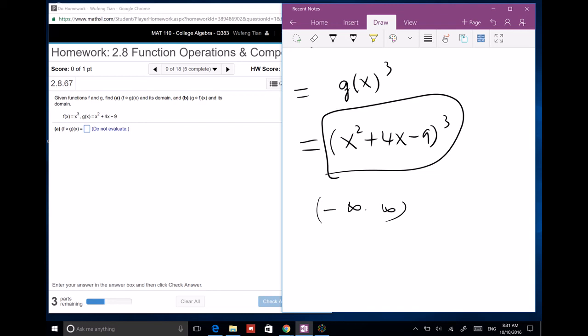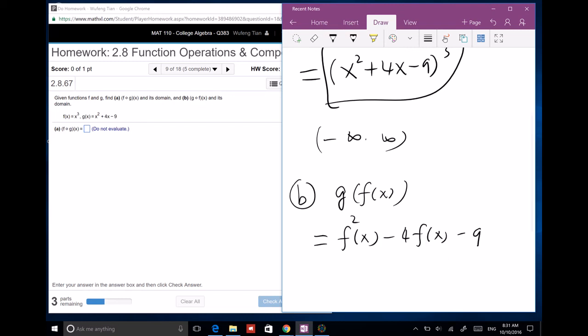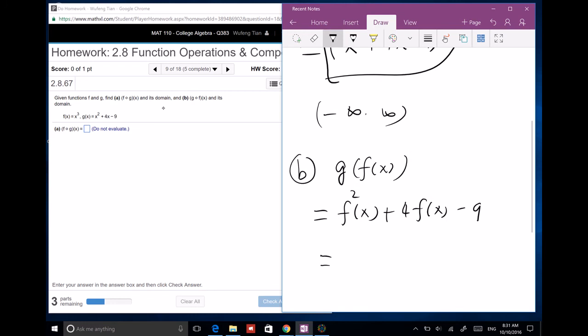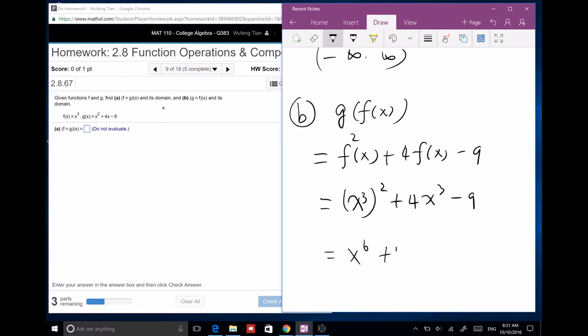Then the next one is B, g of f(x). g(x) is x squared plus 4x minus 9, so just change the x into f(x): f(x) squared plus 4 times f(x) minus 9. f(x) is x cubed, so it's x to the power 6 plus 4x cubed minus 9.